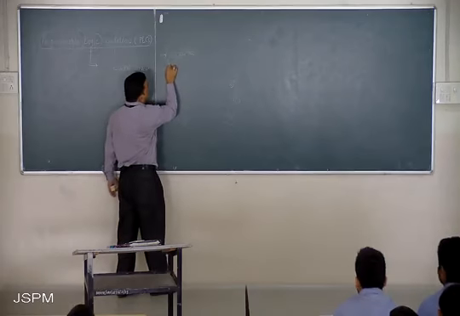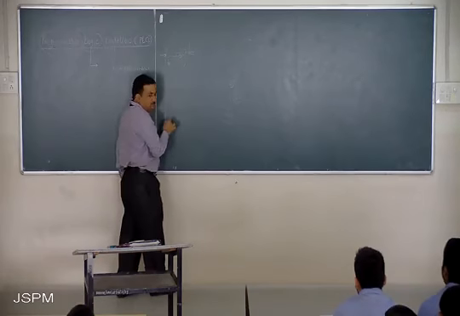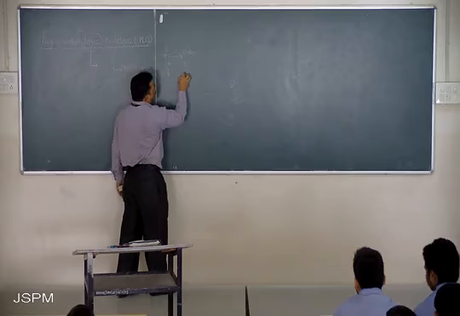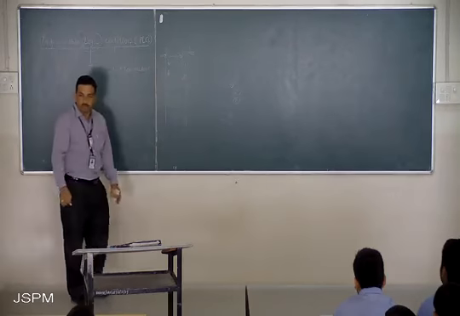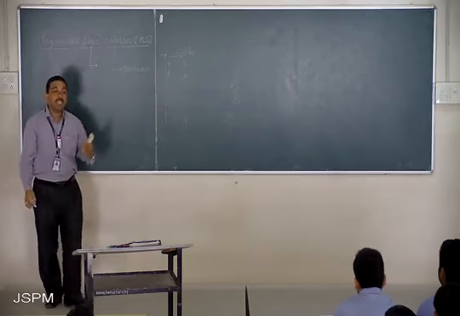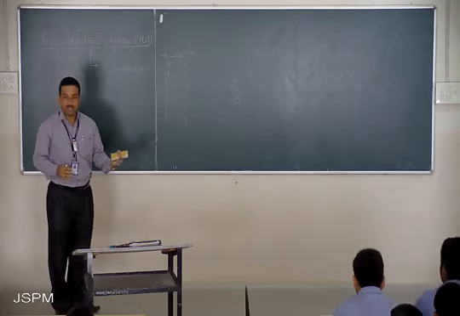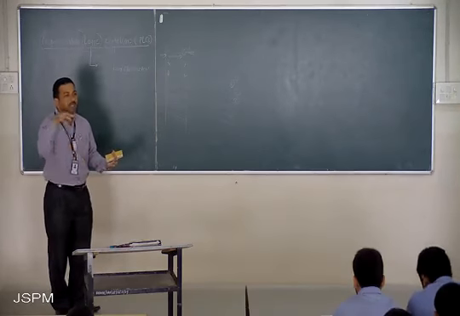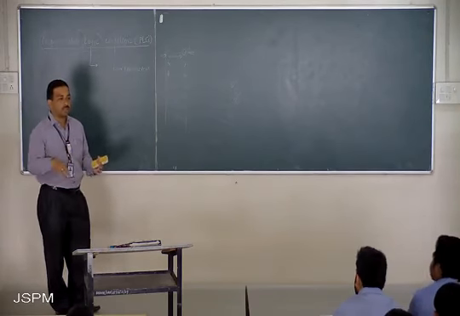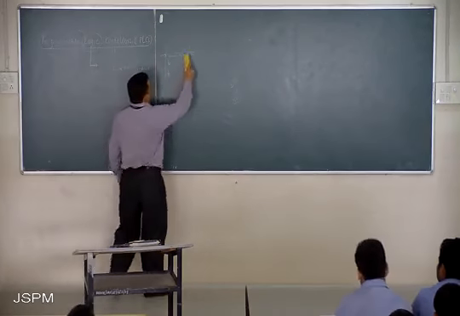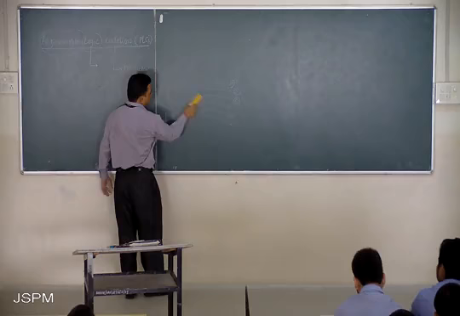Then it goes to the second rung, the output will occur. Then it goes to the third rung, the output will occur. So the logic is executed in a sequential manner: first rung, second rung, third rung, fourth rung, like this. This is a very important part as far as ladder diagrams are concerned.